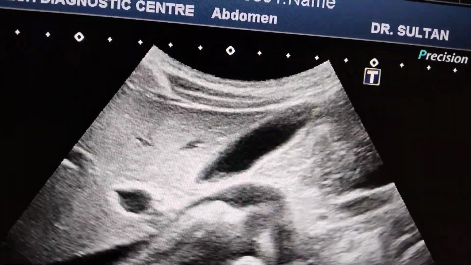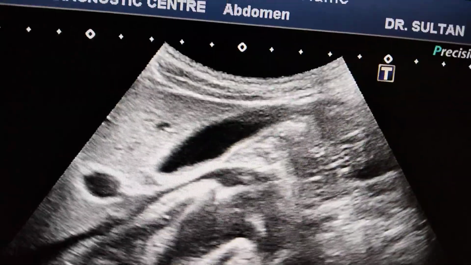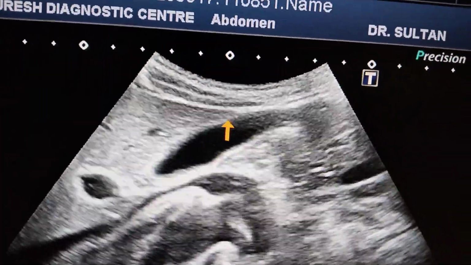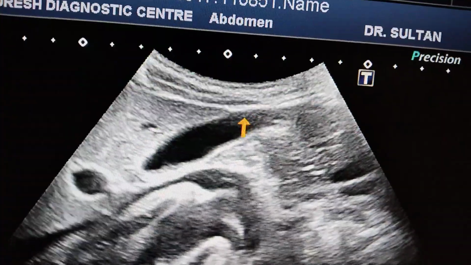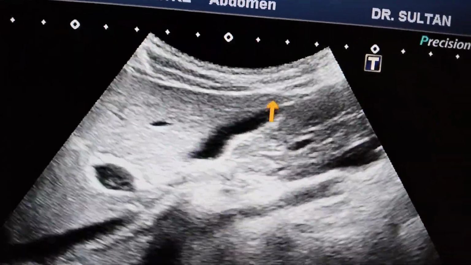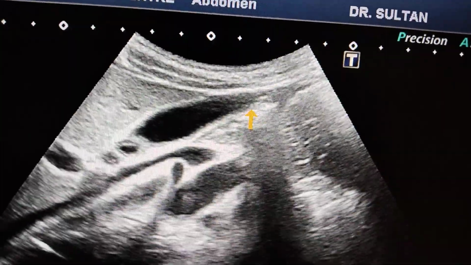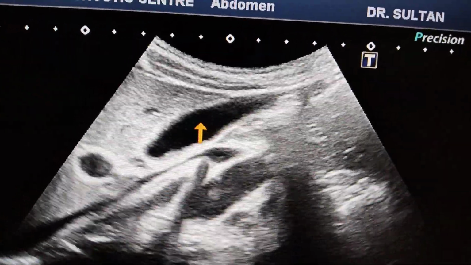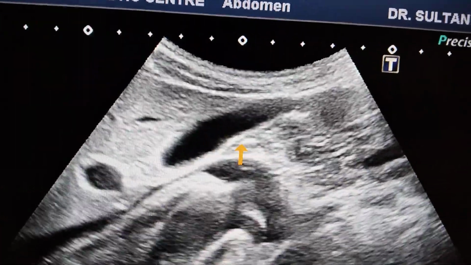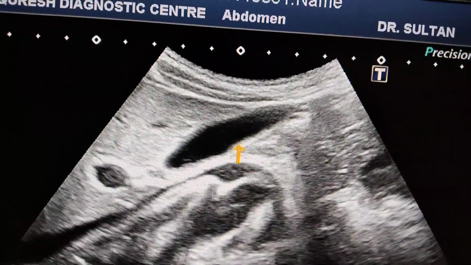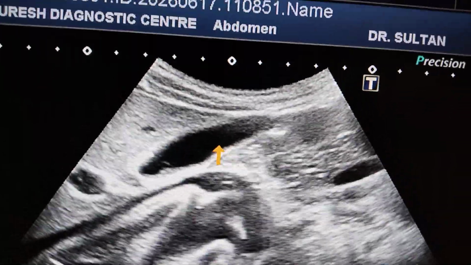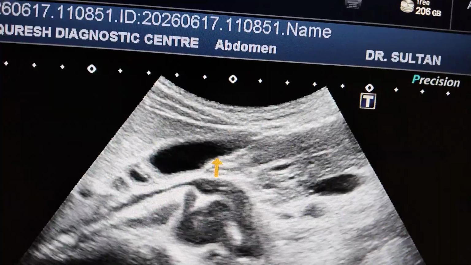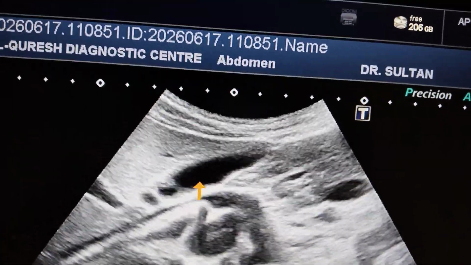One variation is the Phrygian cap, in which the fundus is folded on itself, forming a cap here. This is also a normal variation called the Phrygian cap. The gallbladder may be septated. Two gallbladders may be present. Honeycomb appearance of the gallbladder may be seen, where there will be multiple septations.